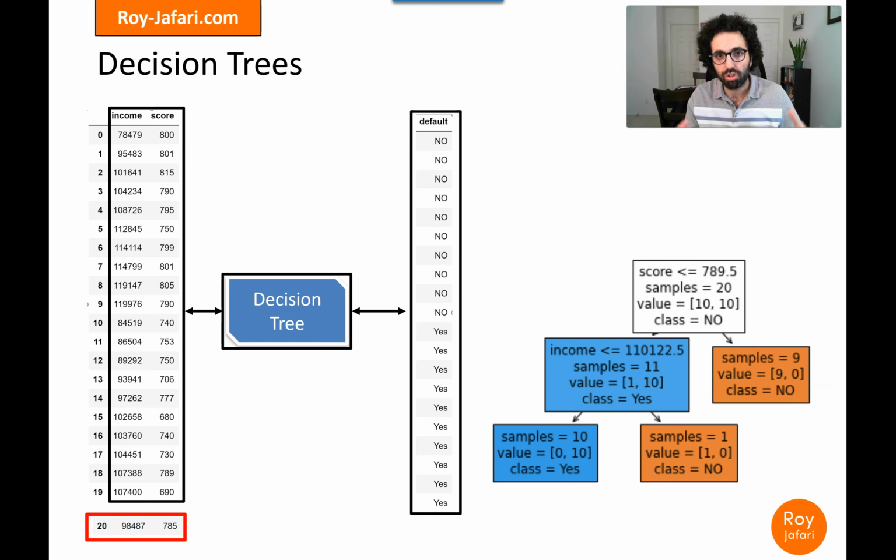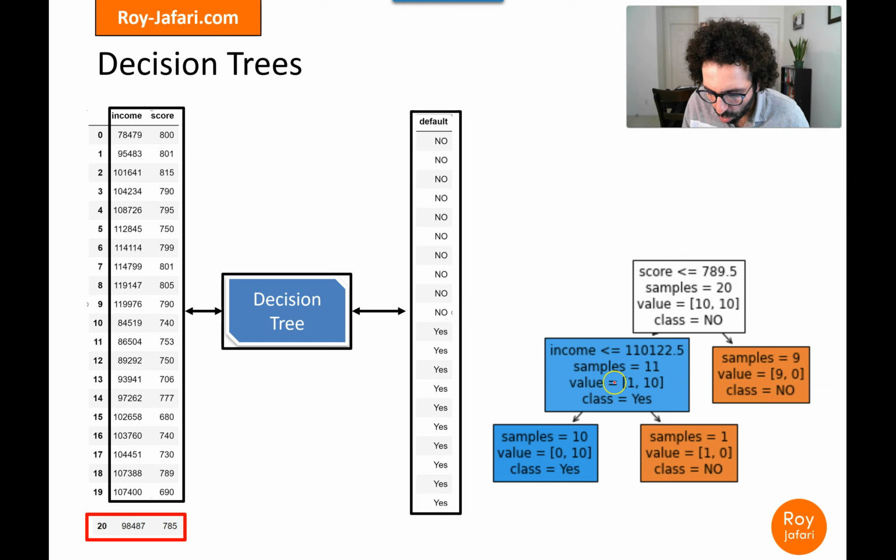Here, we're just getting introduced to it. We say if the score is smaller than 789, then we say no, because most of the people whose score is smaller than 789 were not loan worthy.